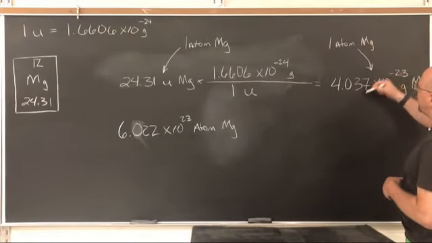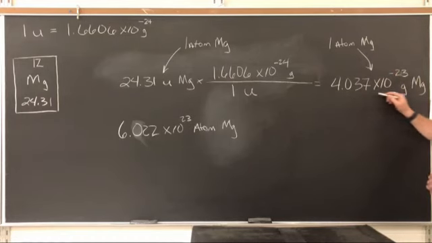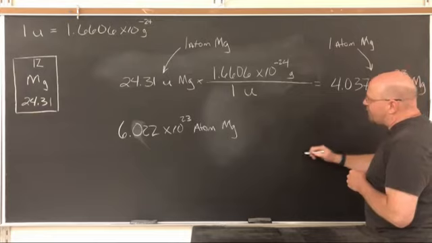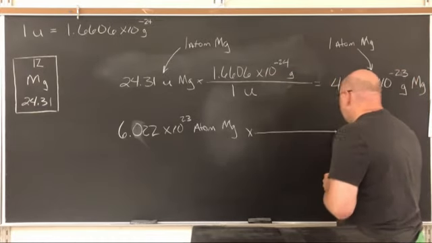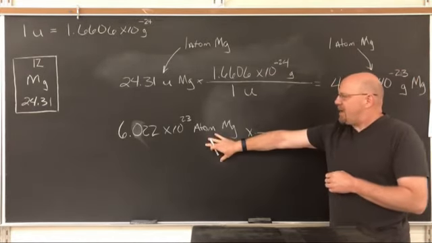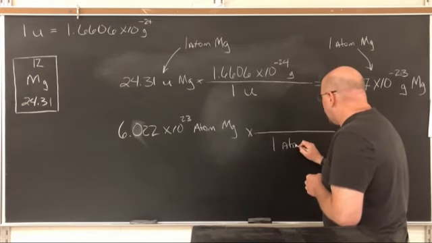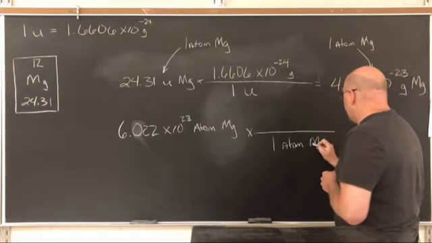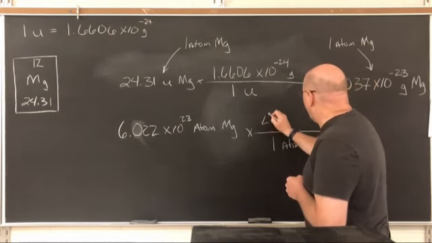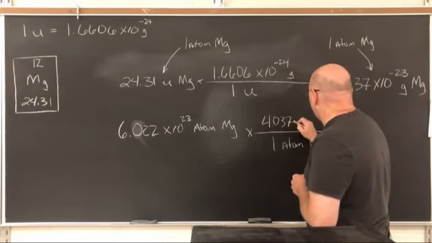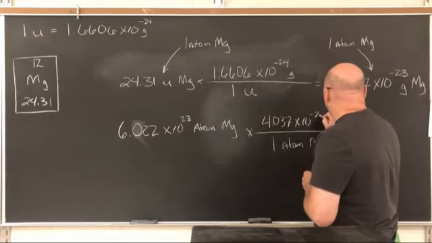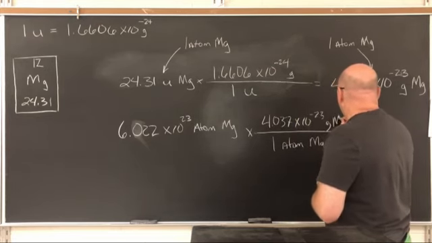What we're saying here is that one atom of magnesium is equal to 4.037 times 10 to the negative 23rd grams of magnesium. So I can use this as a conversion factor and say, okay, if I've got that many atoms of magnesium, for each atom, I've got 4.037 times 10 to the negative 23rd grams of magnesium.